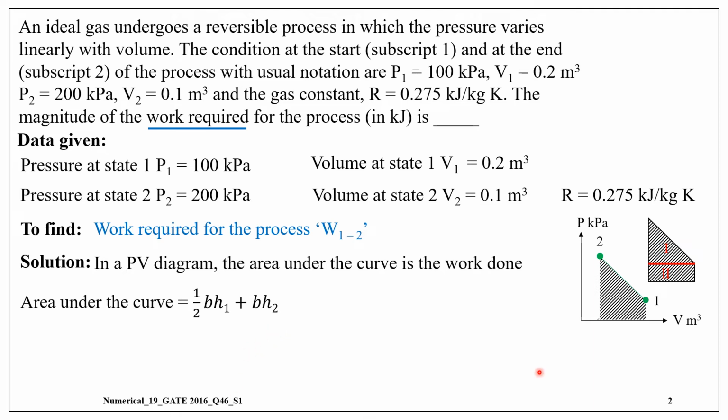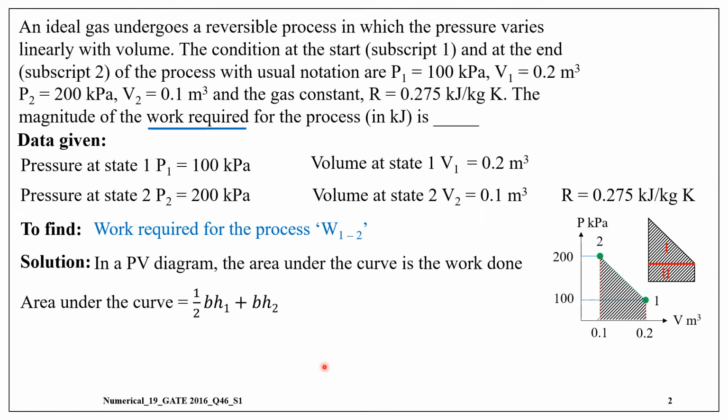consider the data given. Volume corresponding to state 1 is 0.2 and state 2 is 0.1. The pressure corresponding to state 1 is 100 kPa, state 2 is 200 kPa.